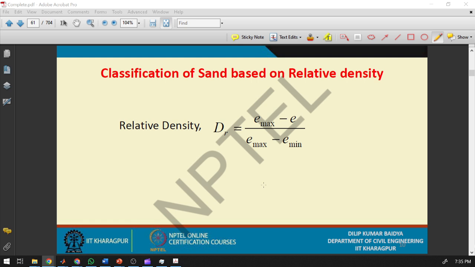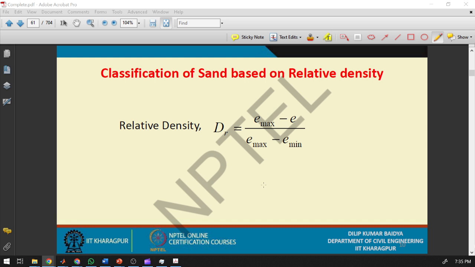What this means is that the shape of the particles in a particular sand is such that, because sand itself is a loose material, under vibrations, under vibratory loads, it can compress, it can densify, isn't it? And under even earthquake loads, it can loosen up.